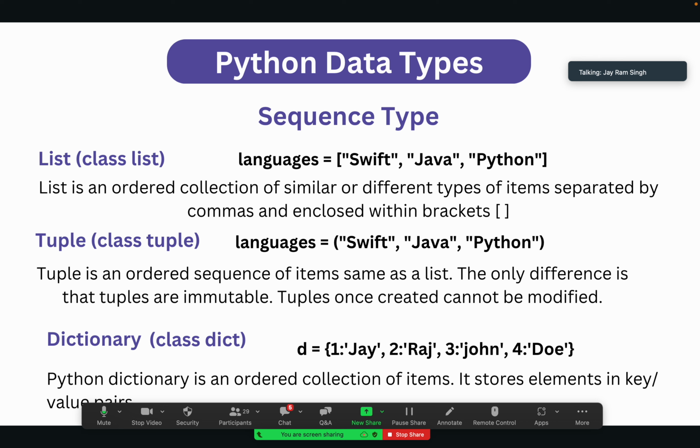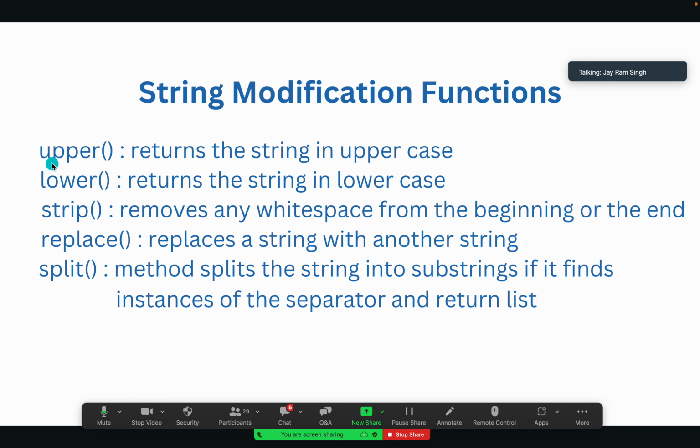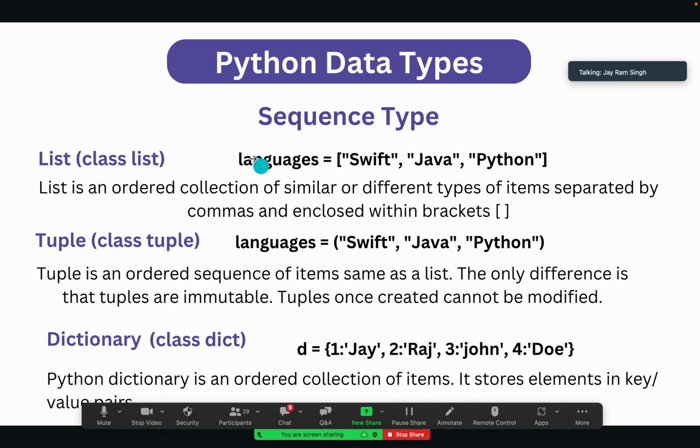So now we are coming to the list. List data type. This is the format of a list. It's a square bracket holding comma-separated values. It is an ordered collection, and different data types can be here, like a string or a number, enclosed in square brackets.